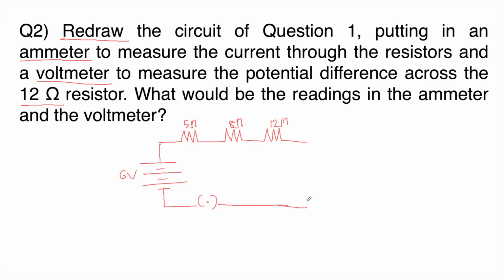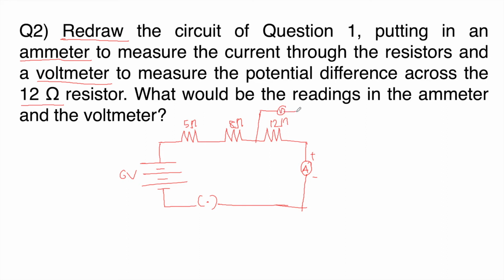Okay, and now we should connect an ammeter and a voltmeter. The ammeter will always be in series with the resistance. And the voltmeter will always be parallel with the resistance, and we have to draw it across the 12 ohm only. So across the 12 ohm means it will be parallel to the 12 ohm resistor.